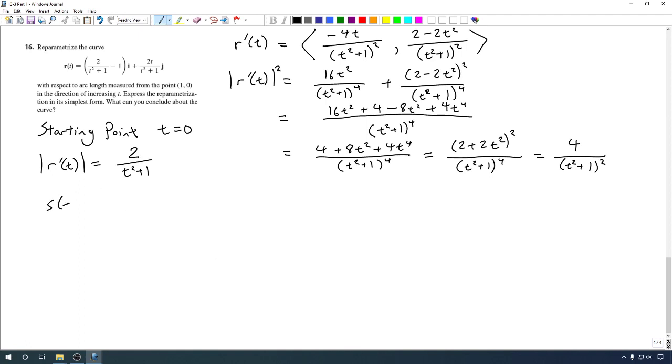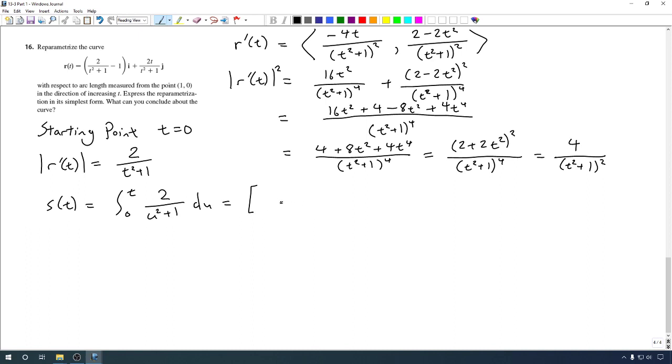Our arc length function, s of t, is going to be the integral from our starting value of 0 to just t. We're going to put in this function, but we're going to replace t with our dummy variable, which we'll use u because that's what the book did, though we could use whatever letter we want. We do have to remember how to integrate 1 over u squared plus 1.